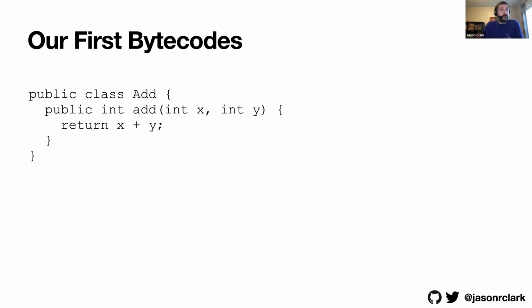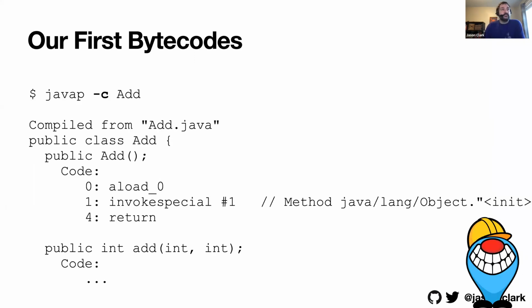So for our purposes, we're going to take some pretty simple methods. The first one that we're going to take is a class with an instance method on it that takes two numbers and adds them together. Now, if we compile this into a class file, we can then use a program that comes with the JDK called javap to poke around and look into that class file and find various information in it. The particular flag that we're interested in is the -c flag.